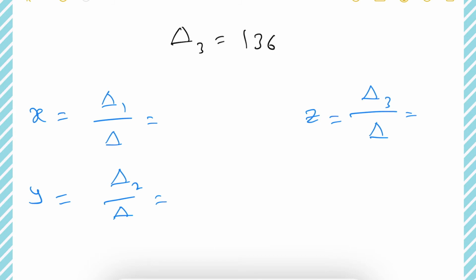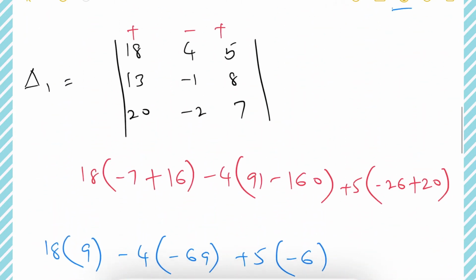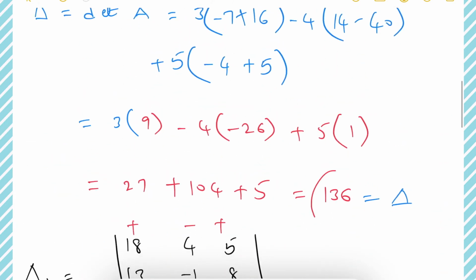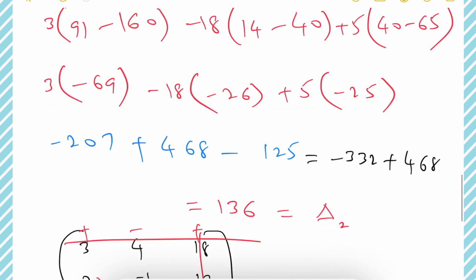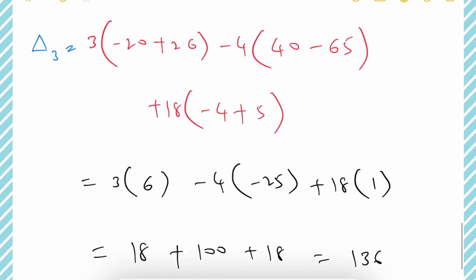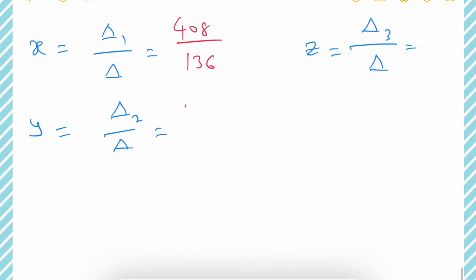First x value is delta 1 by delta. Delta 1 we got as 408, and delta is 136, so 408 by 136. Next delta 2 by delta: delta 2 we got as 136, delta also 136.